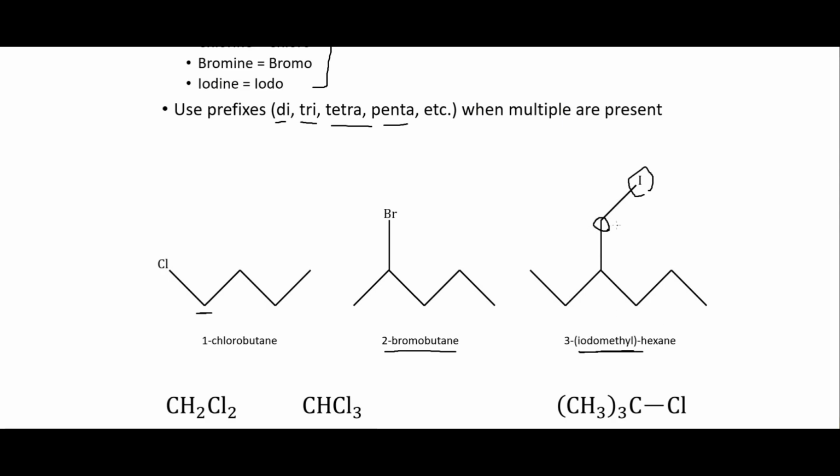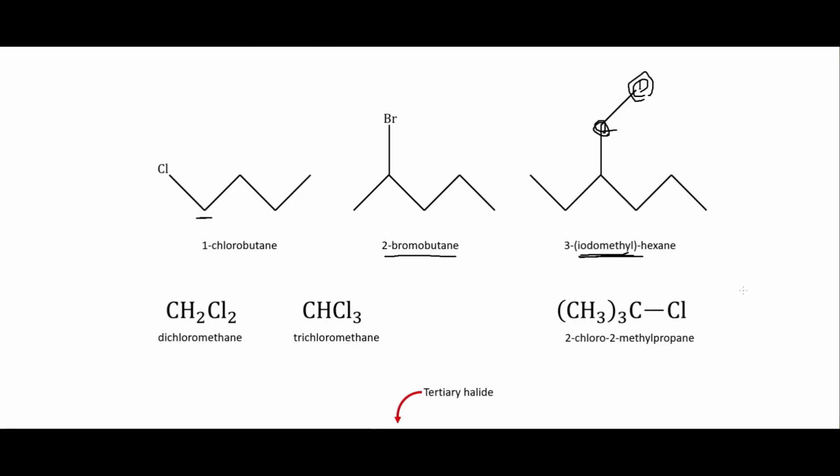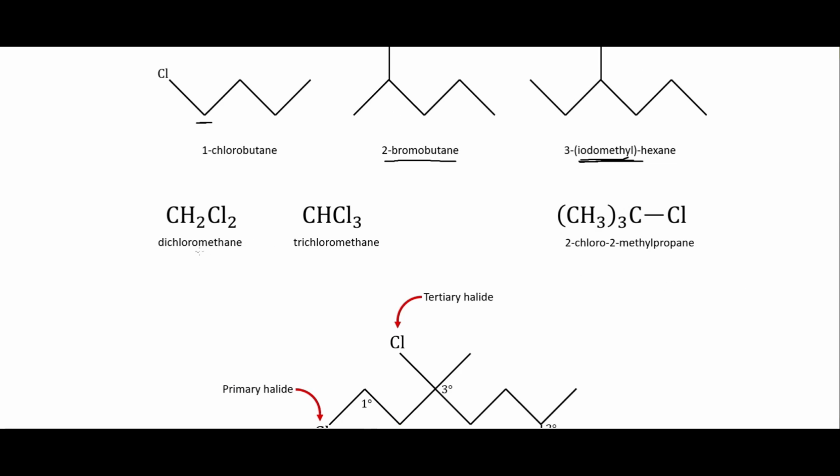So this right here is an iodomethane, and so we put that here in parentheses, and then that is a substituent on this larger molecule that's hexane, and so it's 3-(iodomethyl)hexane. That's how we would name that. If we have this, we have dichloromethane. If we wanted to draw the stick figure for that, that would be the C right there.